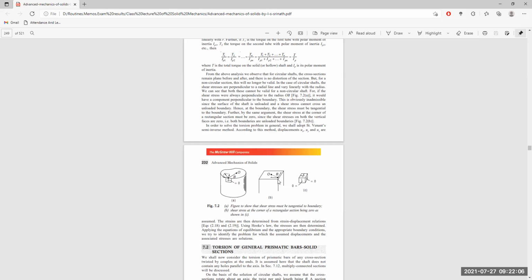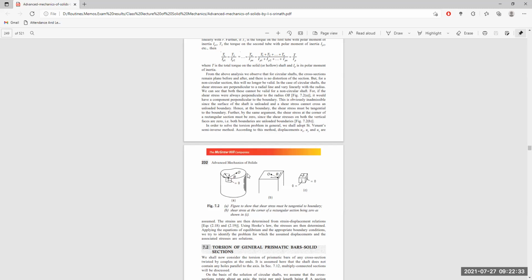For any other non-circular shaft, say a square or rectangular shaft, the shear stress at the corner of the rectangular section, say this corner, must also be zero, since the shear stress on both the vertical faces is zero. On the vertical faces there is no shear stress.